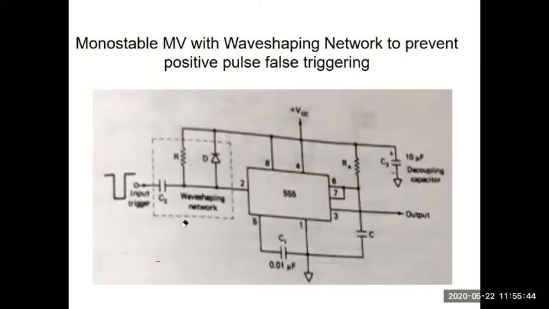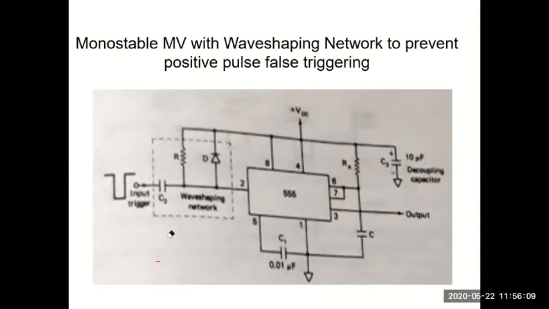Okay. So this is the wave shaping circuit and we just take this in addition to the previous monostable. Previously we were directly connecting the input trigger pulse. Now we will differentiate it through an RC high pass circuit. We will pass on the positive edges through the diode and we will allow only negative edges to reach the timer.